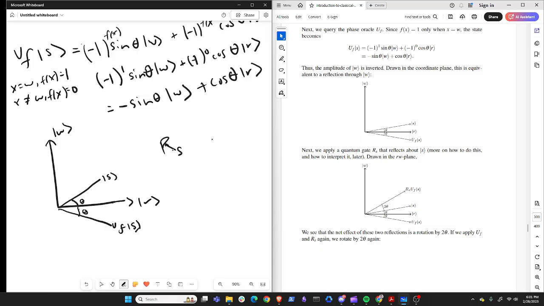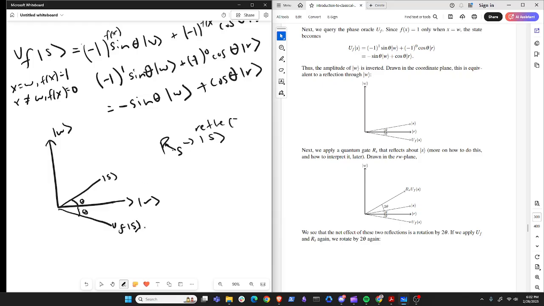So any axis can just be created and then used as a rotational axis. And so they reflect around S using this R gate, this rotation gate.